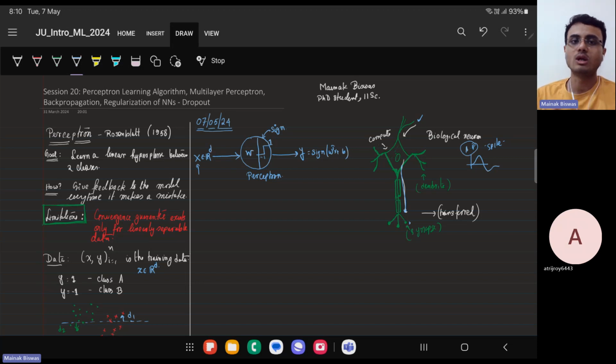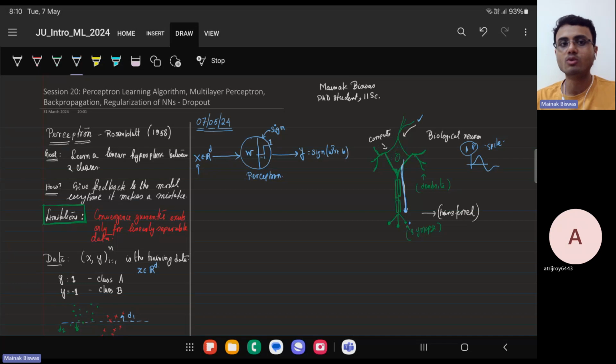And then that is used to compute a variable y, which is a signal. Whatever you are passing through the axon into the synapse is the signal y.